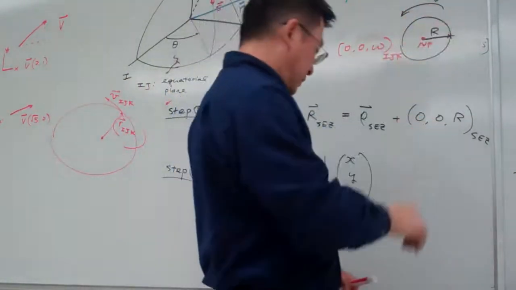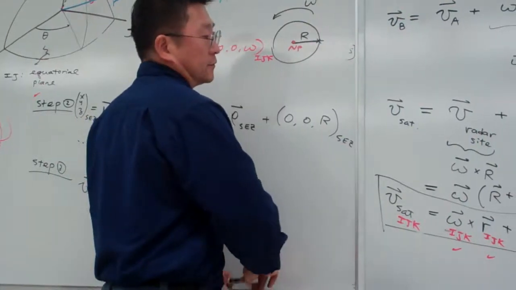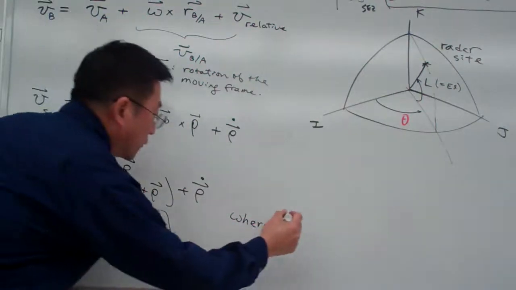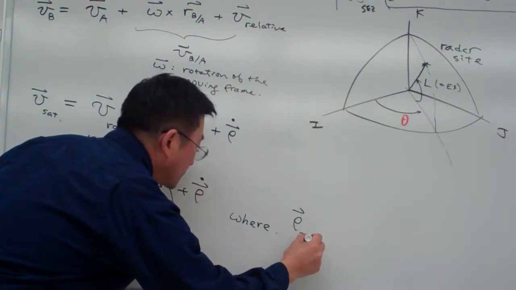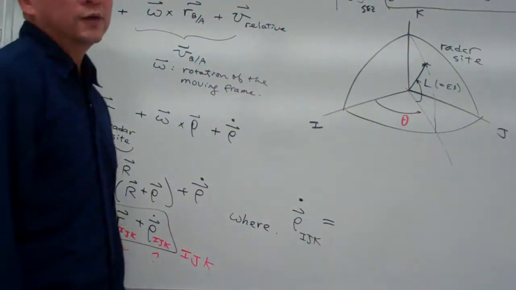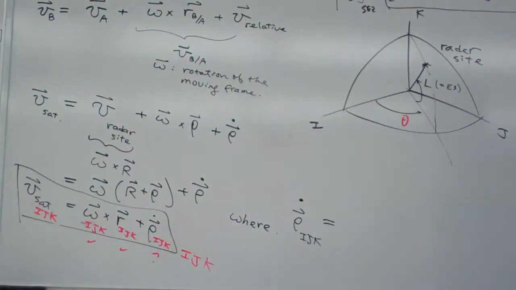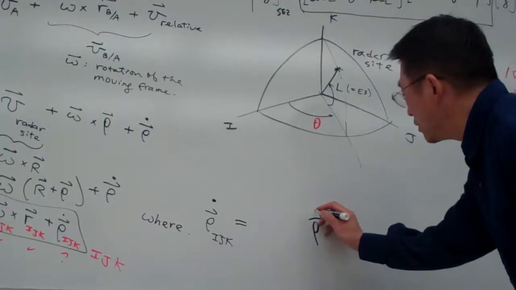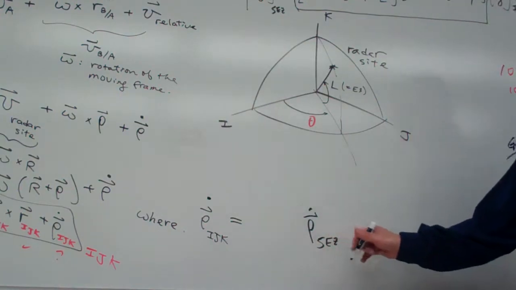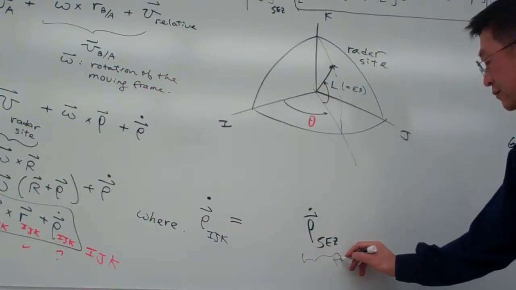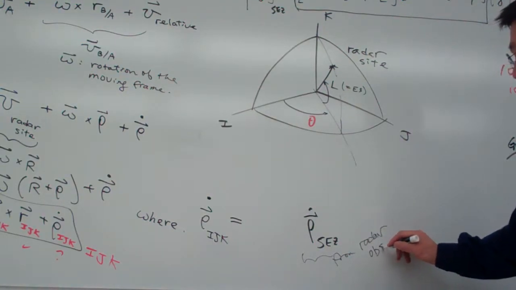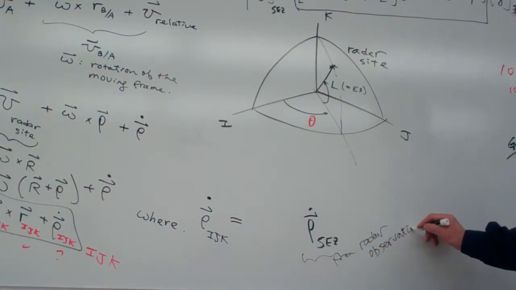Again, we utilize this equation here. Let me put one more mark. The rho dot in ijk can be equal to, again, from radar's observation, something we already know, or can calculate easily. So this term is from radar observations, right?